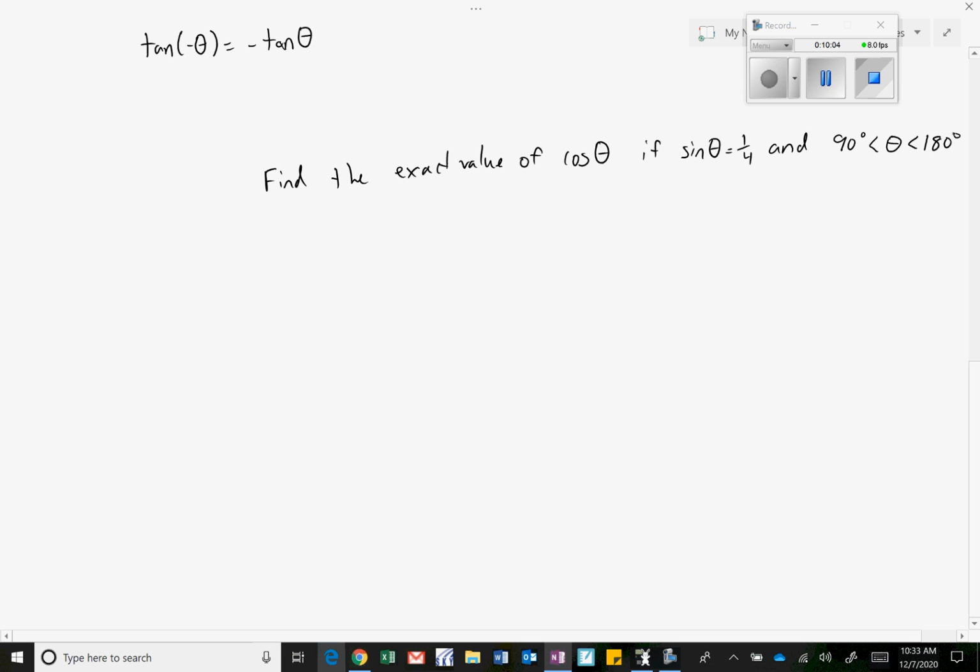So find the exact value of cosine of theta if sine of theta equals 1/4, and theta is between 90 and 180 degrees.